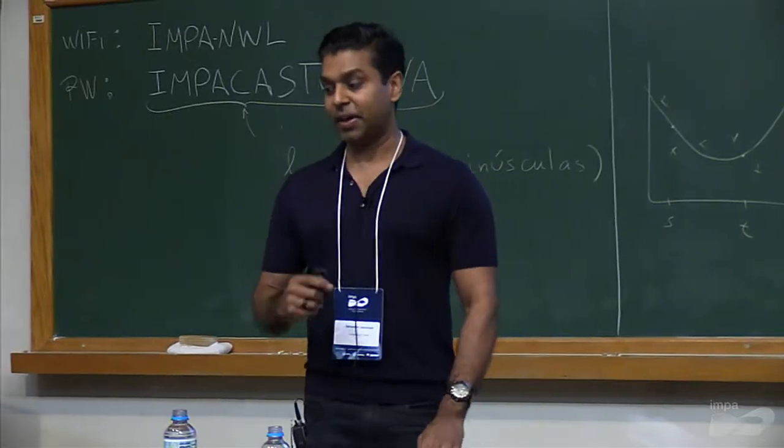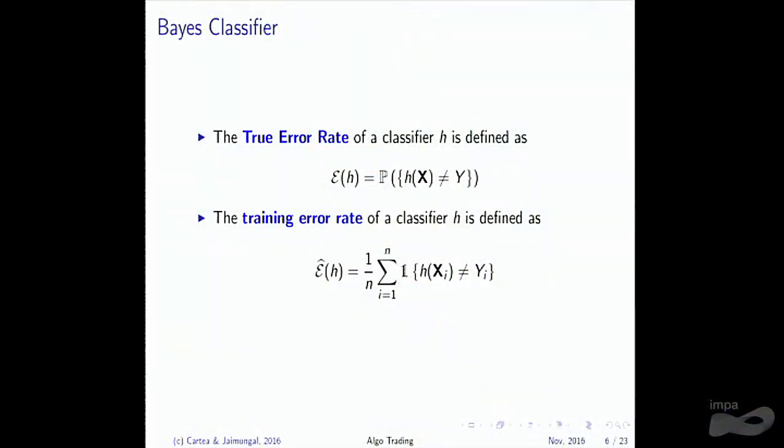So the Bayes classifier. This is the first one we're going to look at. To define it, first define something called the true error. This is the probability that your classification function h, based on the data that you've observed, is not y. That's the error. That's the probability that the classification function you've created does not equal the correct class.